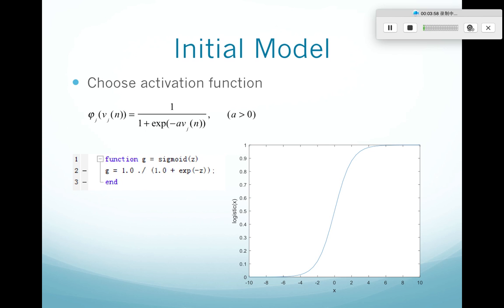And next, I choose the activation function. An example of continuously differentiable nonlinear activation function commonly used in multilayer perceptron is the sigmoid function. What I would like to use in this phase is a typical form of that, the logistic function.